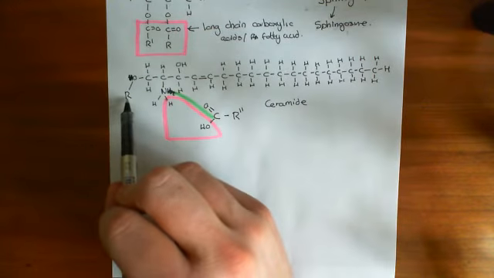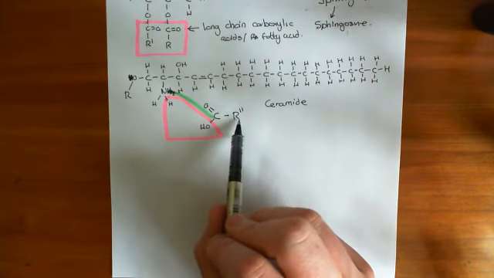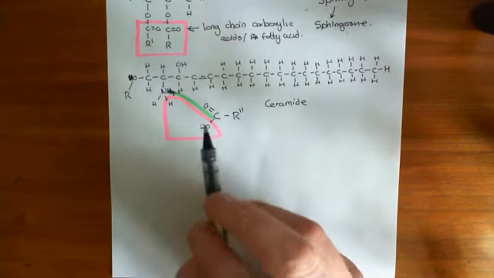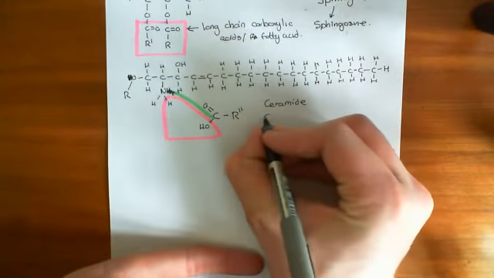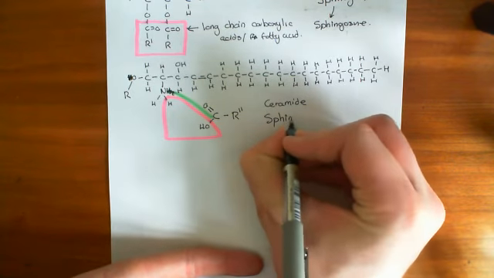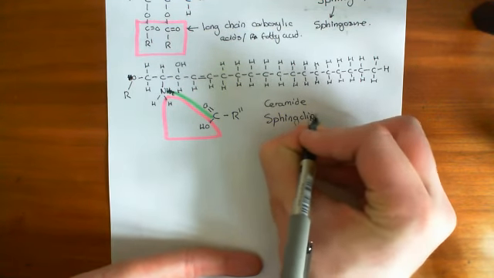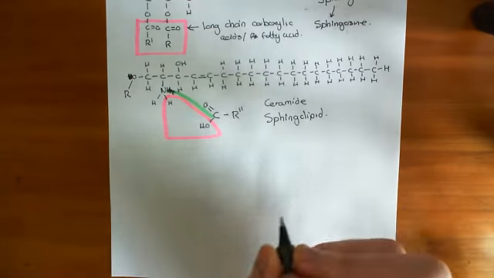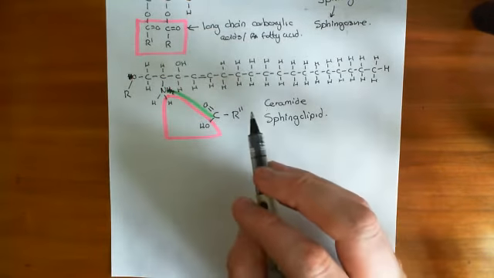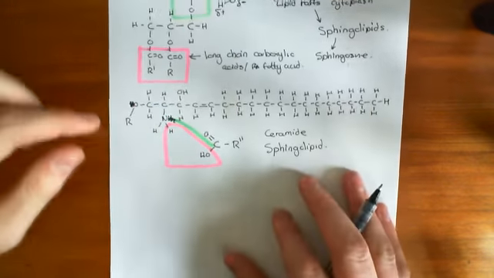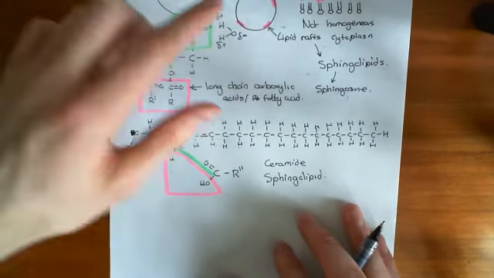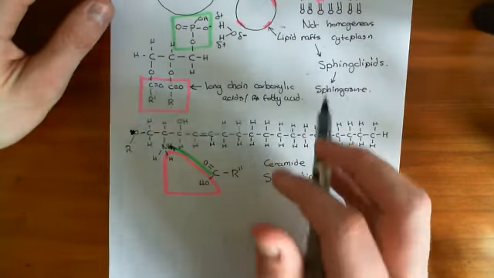They have this group where they can be variable, and they have this group down here where they can be variable. Right, so that's the structure of a sphingolipid. Now we're finished.